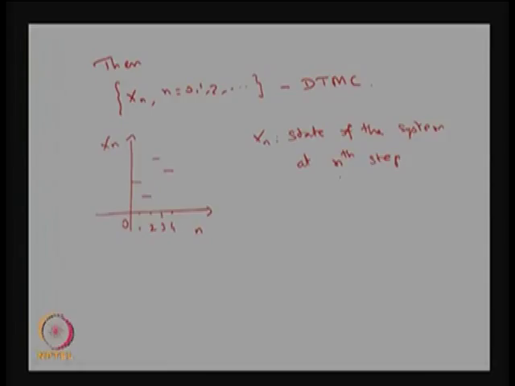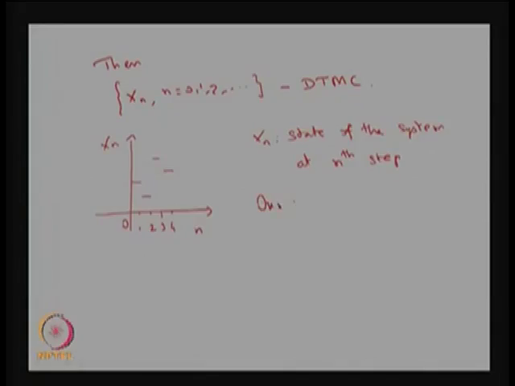Suppose the stochastic process satisfies the Markov property. Our interest will be in two things. One is the distribution of xn for n greater than or equal to 1.